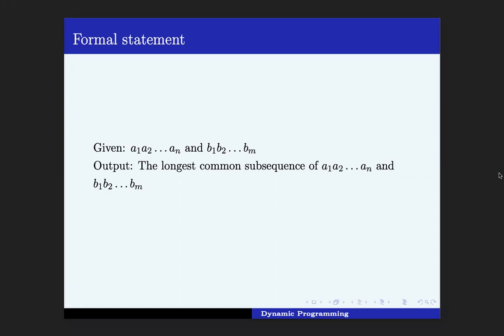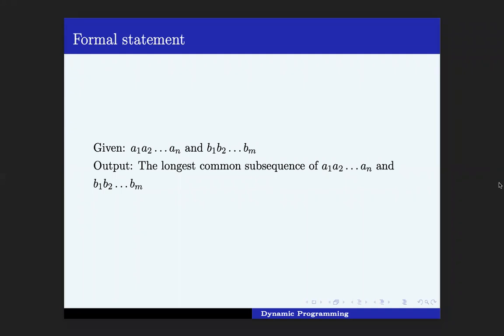You will output, of course, a common subsequence, but why is it longest? It becomes a heuristic algorithm, and you can argue that it will give a string which is long enough, but it's not necessarily longest.